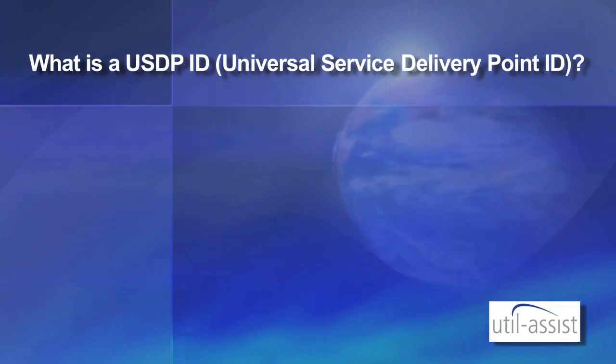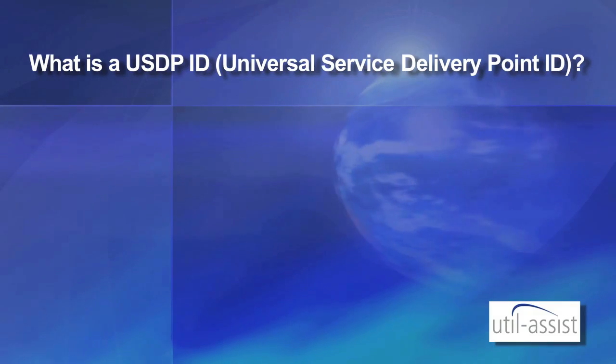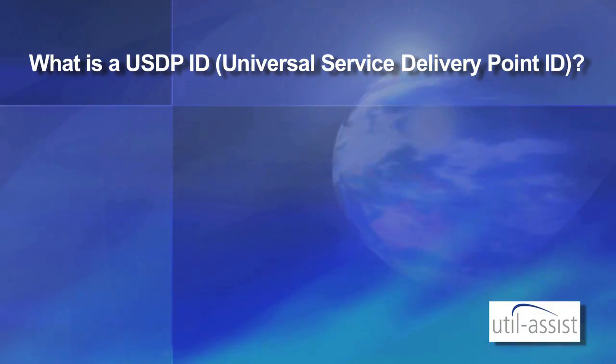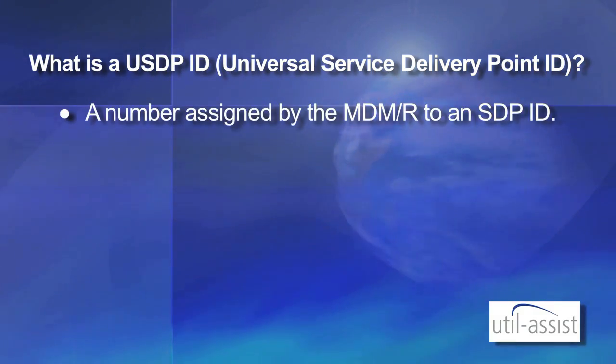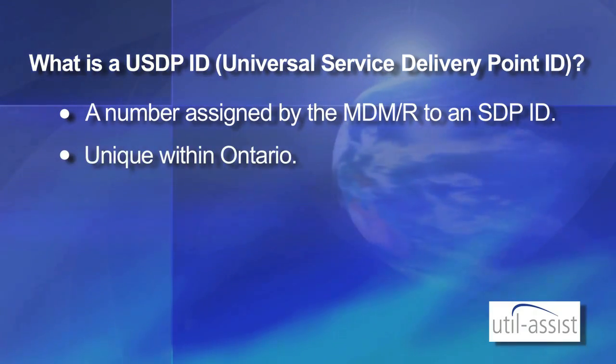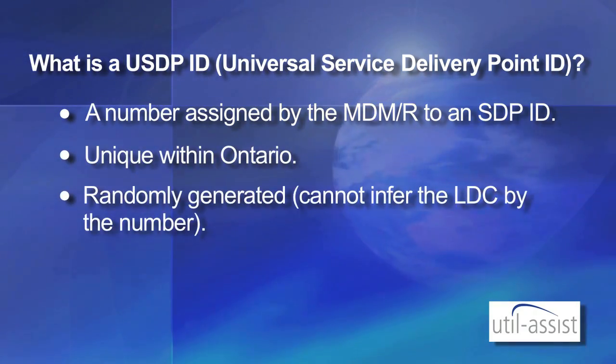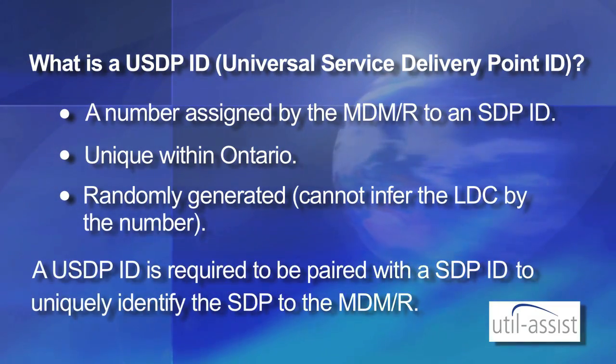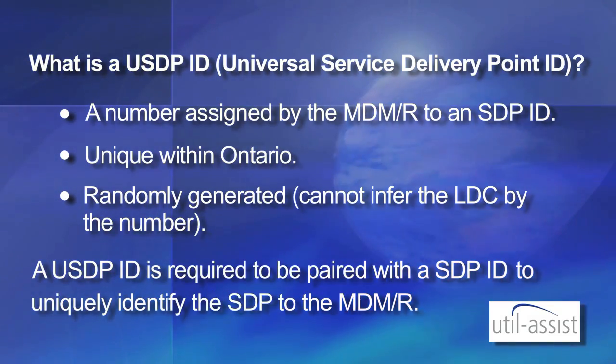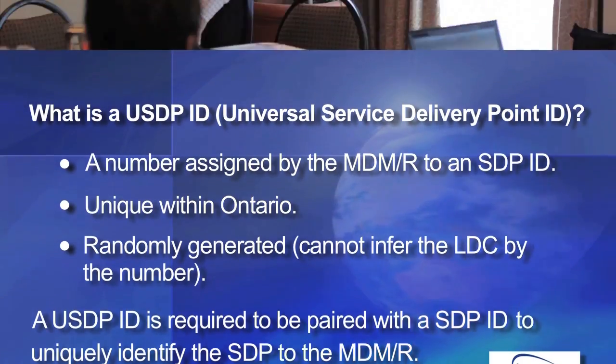What is a USDP ID, or Universal Service Delivery Point ID? A number assigned by the MDMR to an SDP ID, unique within Ontario, randomly generated, cannot interfere with the LDC's number. A USDP ID is required to be paired with the SDP ID to uniquely identify the SDP to the MDMR.